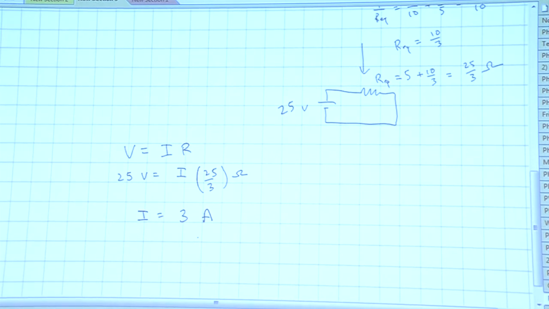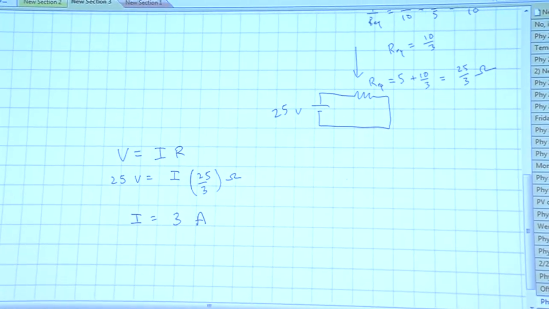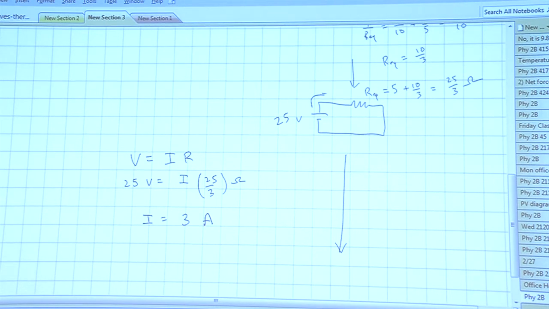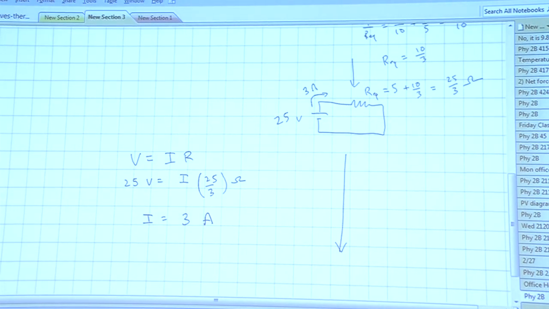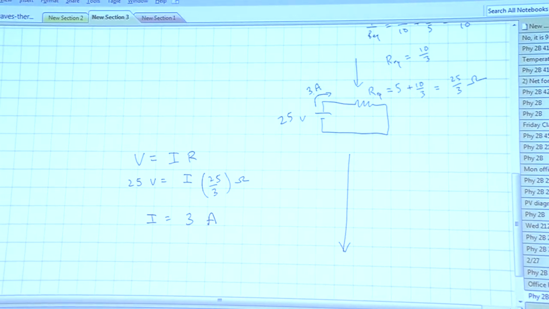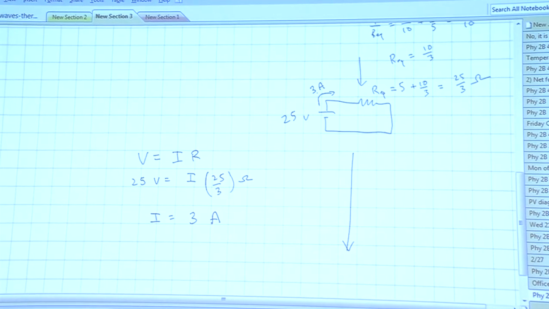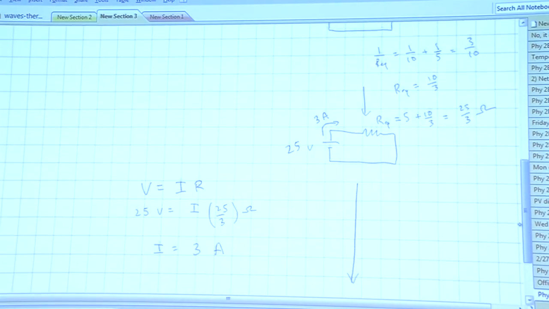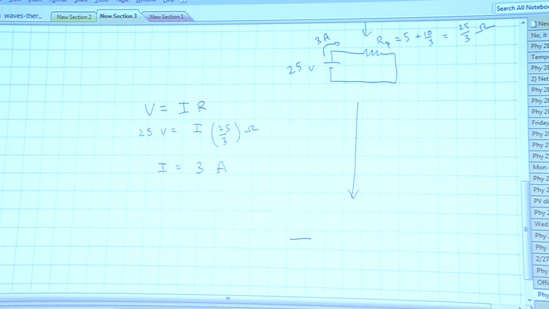Now we start working backwards. So we know that coming out of our battery, 3 amps. So we start working backwards. So what was the last thing we had here? We had a 5 and a 10/3. 5 ohm and a 10/3 ohm resistor.